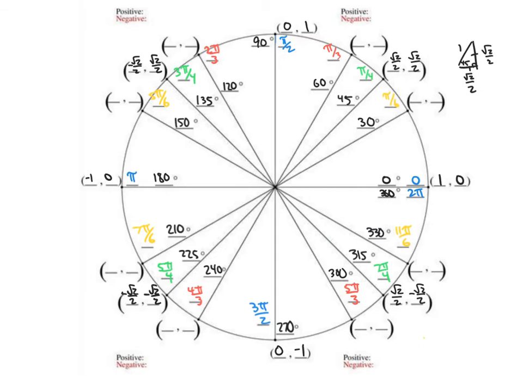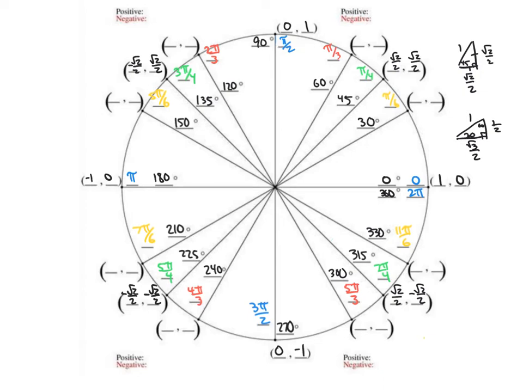For our 30-degree angle, if we make a 30, 60, 90 triangle, where the hypotenuse is 1, the shorter side is going to be 1/2, and the longer side is going to be the square root of 3 over 2 using special right triangles.